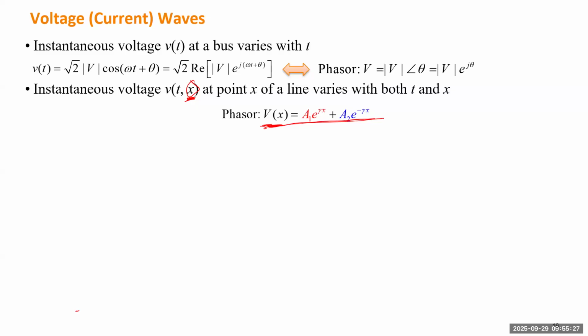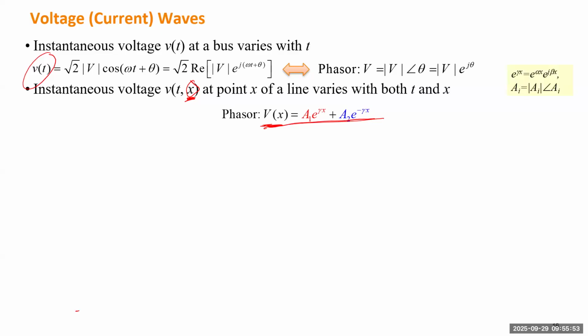Then we calculate the voltage when x equals l, on the sending end. So this expression is still in the phasor domain. It's not about instantaneous value. So how can we find the instantaneous value, similar to this one, for any point of the line?